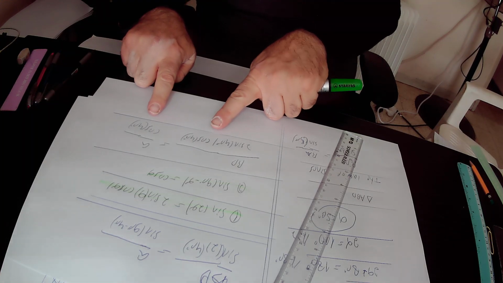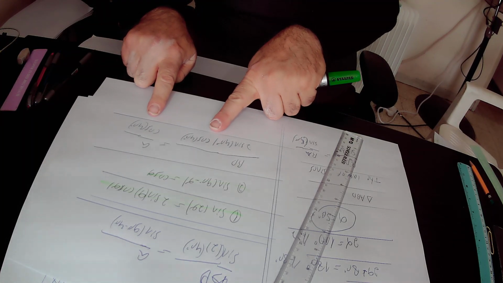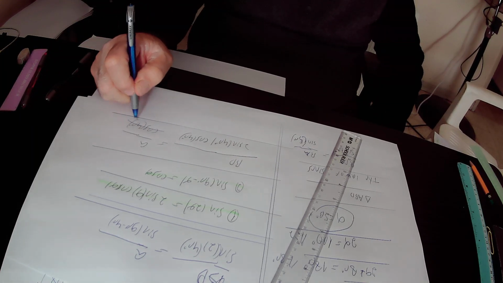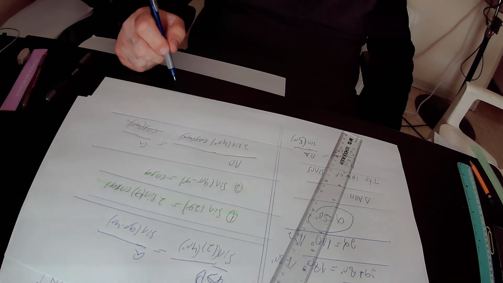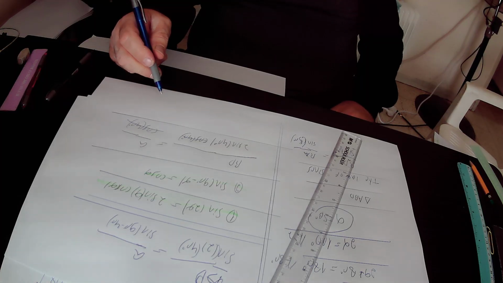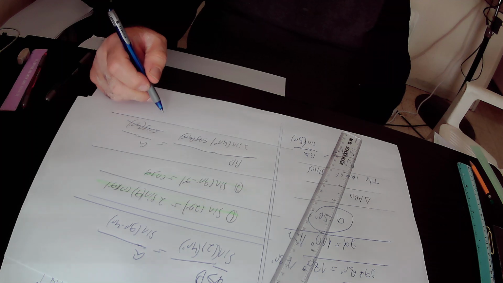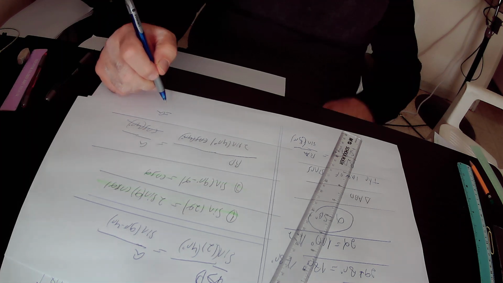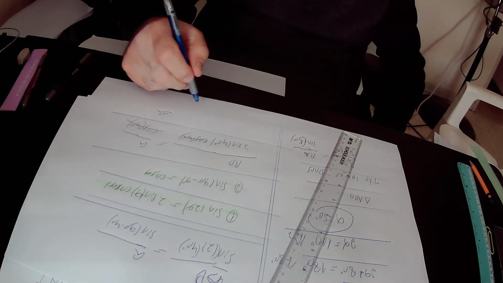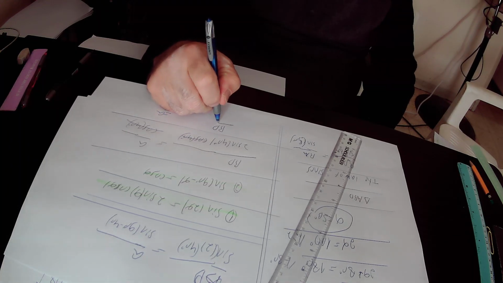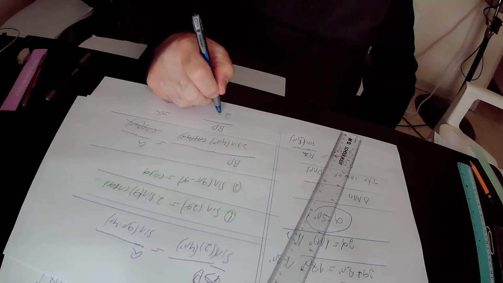Here we have cosine 40 degrees on both sides of this equation, so cosine 40 degrees will get cancelled. After we cancel it, one side of the equation is left with only A, and the other side is left with BD over 2 times sin 40 degrees.